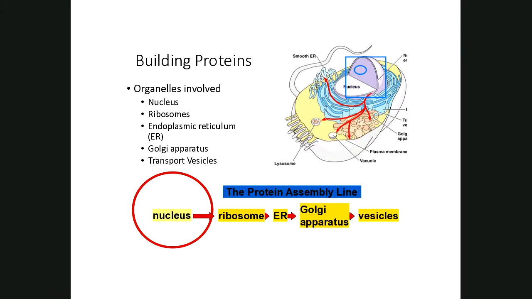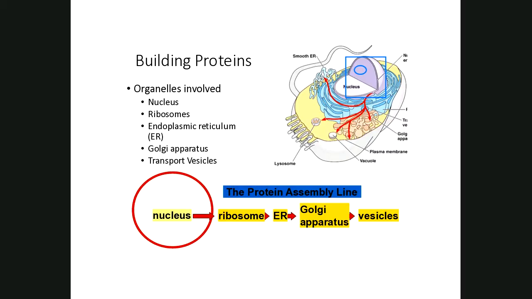So there's a running list here of different organelles that we are going to highlight. Ribosomes, the endoplasmic reticulum, so we have smooth and we have rough, and one of my favorites is the Golgi apparatus and transport vesicles. We're going to look at all of these different vesicles and organelles, and something I want you to keep in mind is the protein assembly line, and how it is that you actually make proteins.